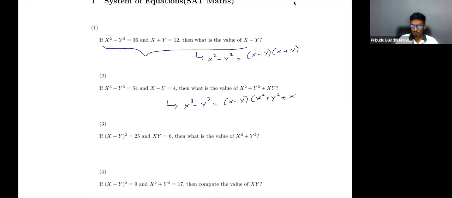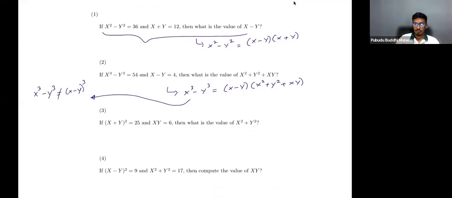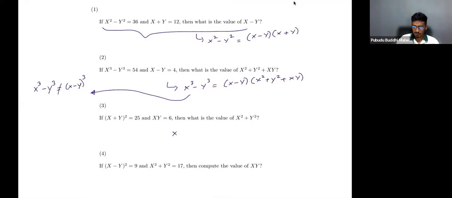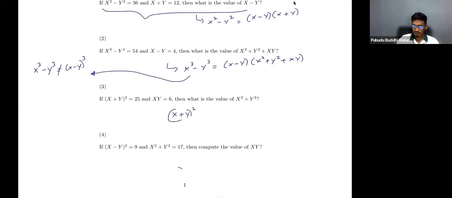And also be careful, there is a major difference between x cube minus y cube and (x minus y) whole thing to the power of 3. That's a clear difference, so be careful. And here also this is (x plus y) squared. Here we use that. And here (x minus y) squared. So those formulas are quite helpful.